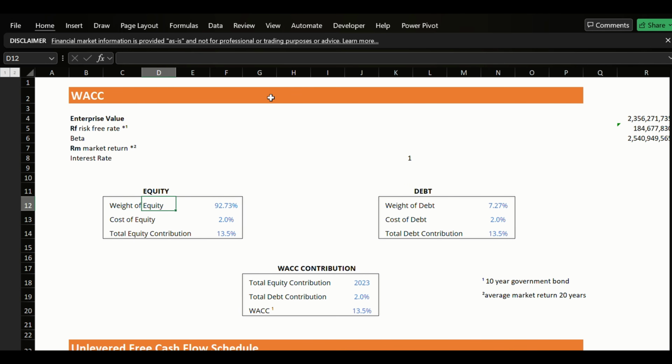But the cost of equity using the capital asset pricing model. Okay, sorry, I didn't put in the values, but let's go like that. Just give me a moment.